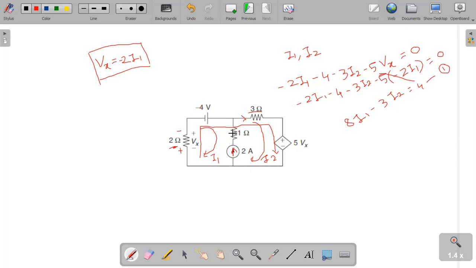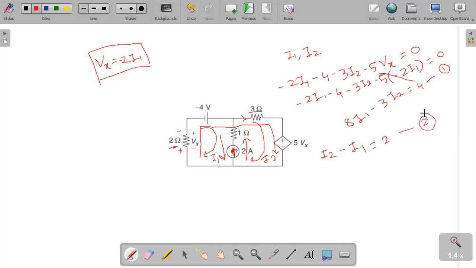As we observe in this common branch, we have the current I2 flowing upwards and the current I1 flowing downwards, and the difference of these two currents is a 2 ampere value, which is shown in the upward direction. So considering this, I can simply write the KCL equation as I2 minus I1 is equal to 2. So I have got two equations.